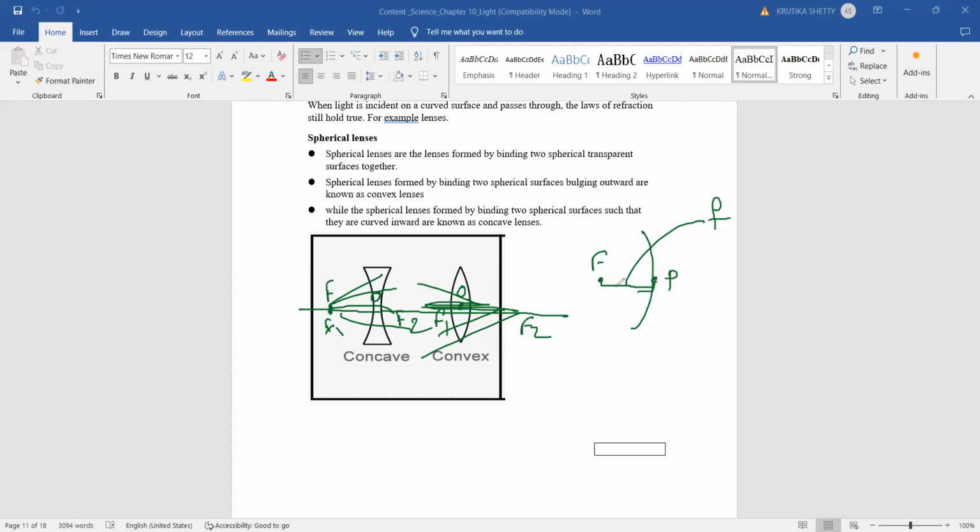It is the distance between the pole and the focus. And here also it is the same, only it is not the pole, here it is the optic center. The distance between the optic center and the focus is called the focal length.